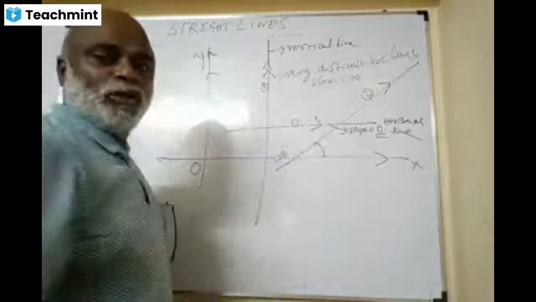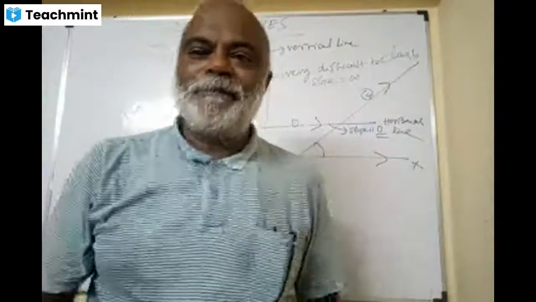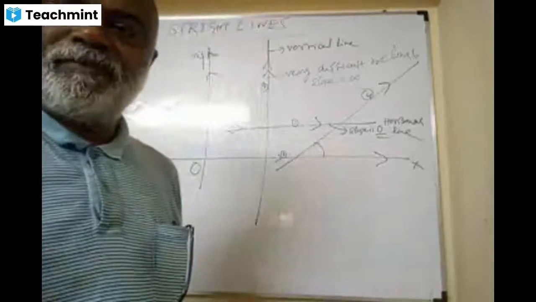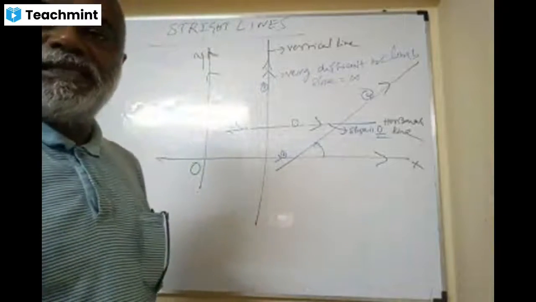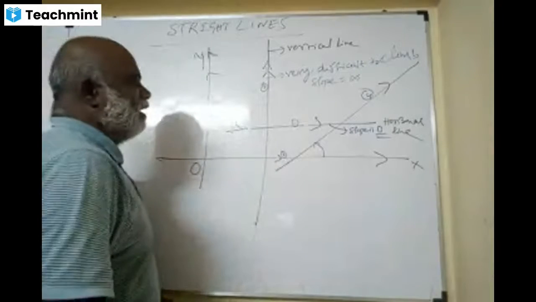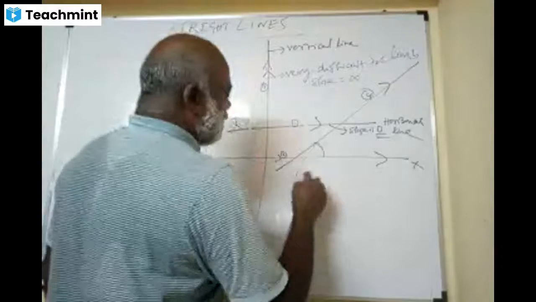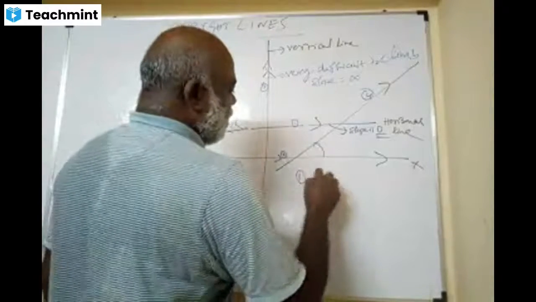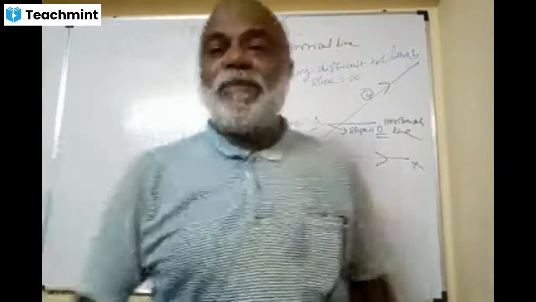Anybody? 1 and 2. What is the angle, ma? 0, sir. 0 or 180 degrees, ma. Brilliant answer, ma. 0 degrees between 1 and 2.